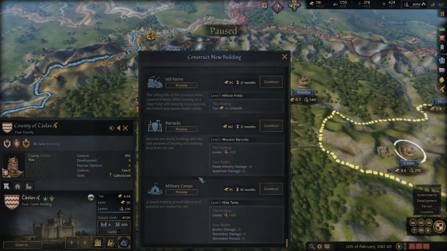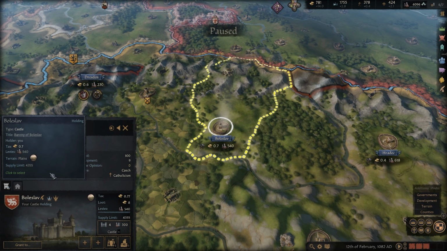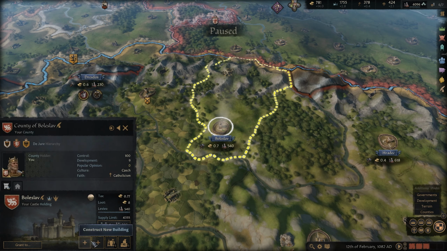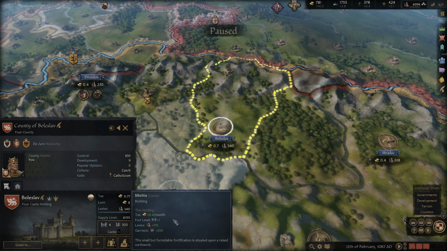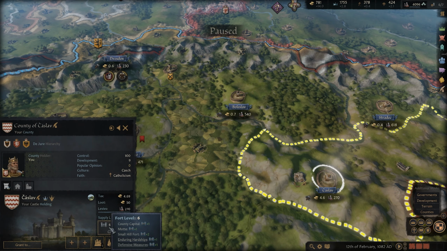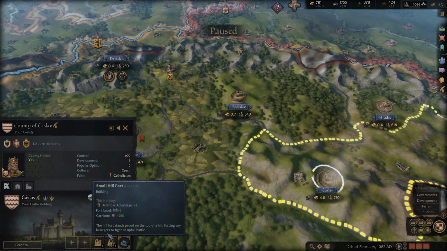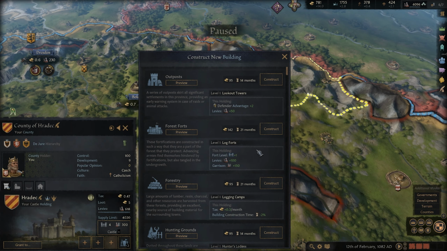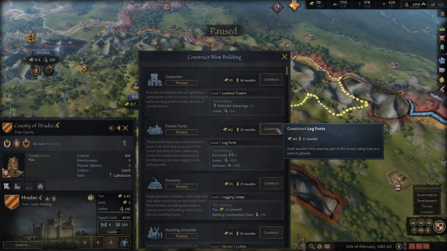Having these be built in any holding type does give you flexibility in where you can build, so min-maxing doesn't quite apply to them. But for the most part, terrain and holding type have a heavy influence on what you can build and where. Castles will have buildings that increase their defense, garrison, and capacity, but a castle in hills provides more defense, a larger garrison, and gives an advantage modifier to the defender. A castle in the forest can build forest forts, which provides levies on top of garrisons.